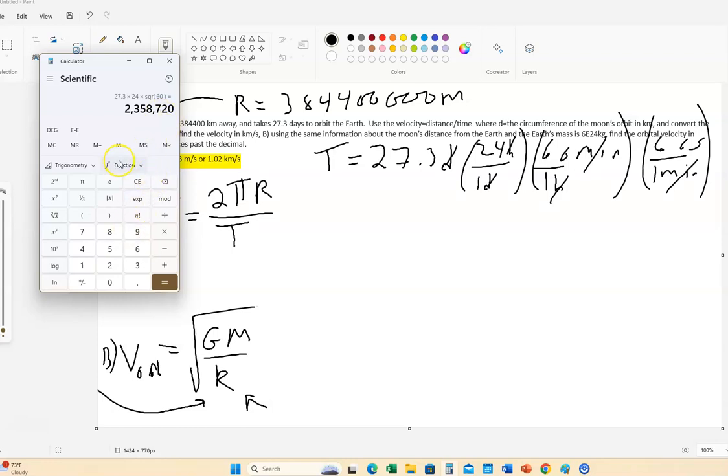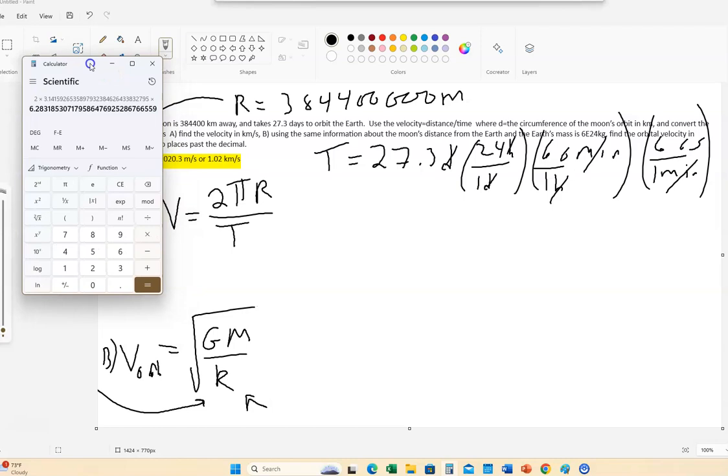So I'm going to just put that in storage right here to make sure it's in my calculator. And then I'm going to take 2 times pi times, remember, we already know the distance between the Earth and the Moon. I know it's kind of strange sometimes. You see this R and you think that that's a radius. Well, it would be like the radius of the circle that the moon makes with the Earth.